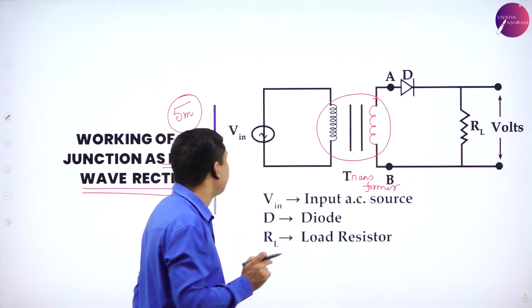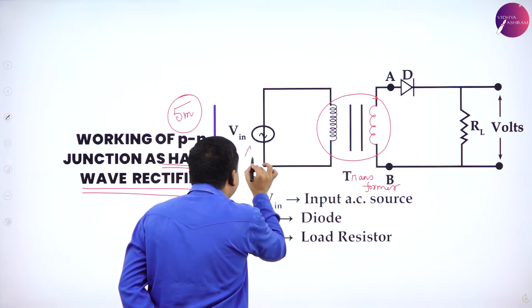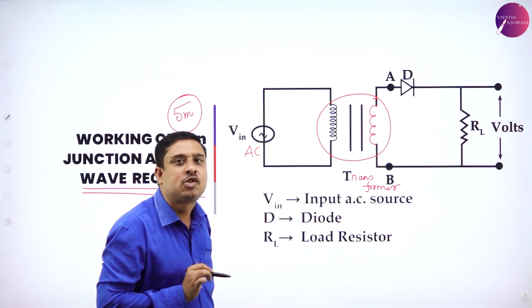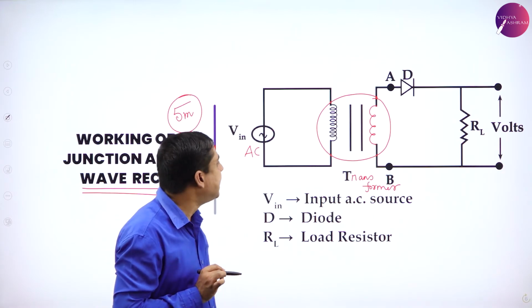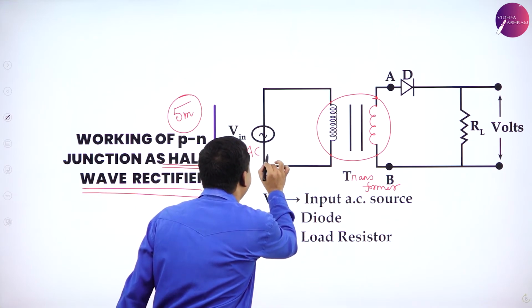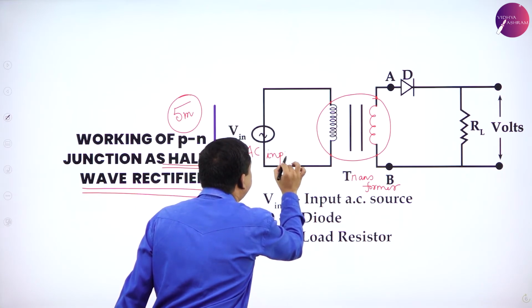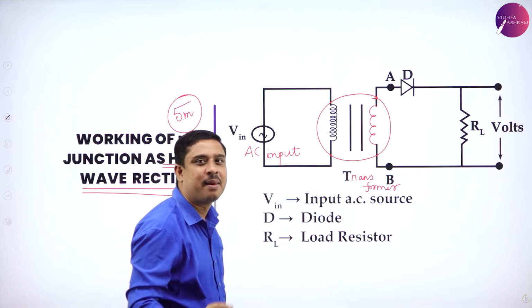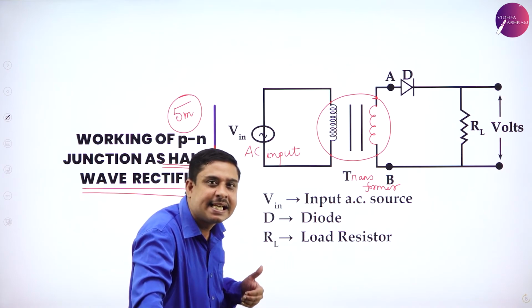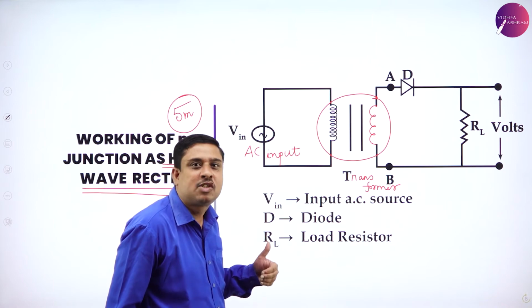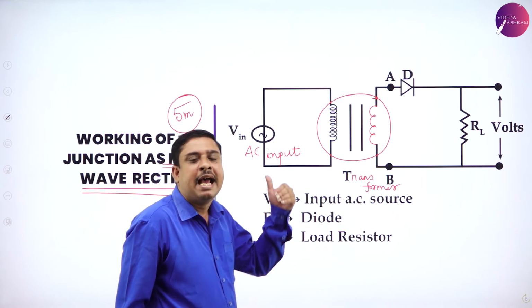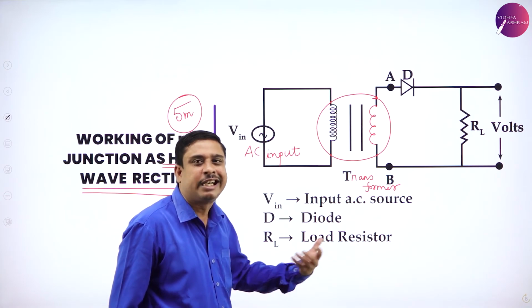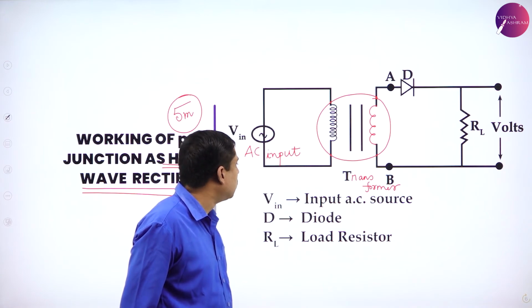Now note, any AC signal that has to be converted to DC is fed as an input to the transformer. Look, the AC symbol is here.